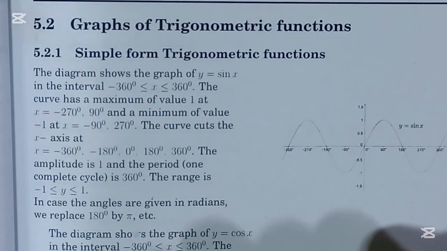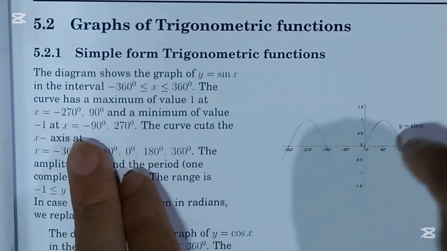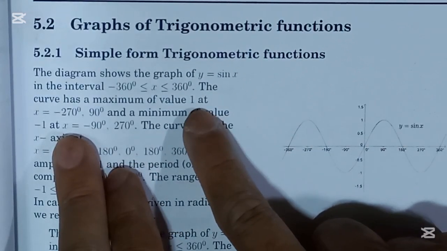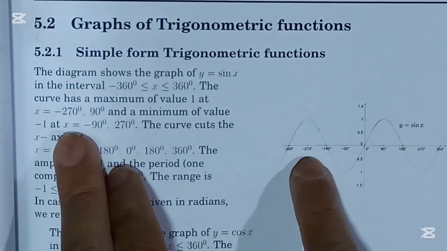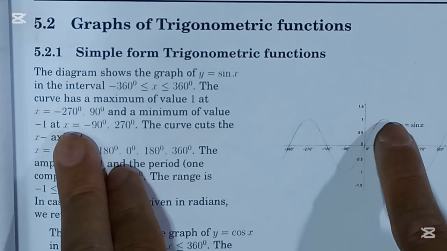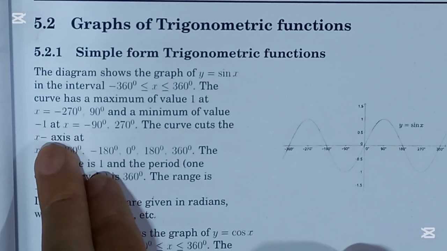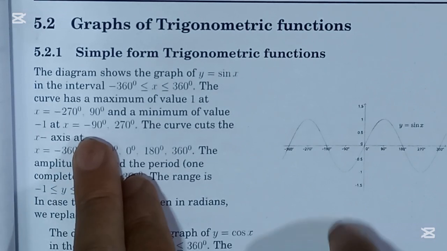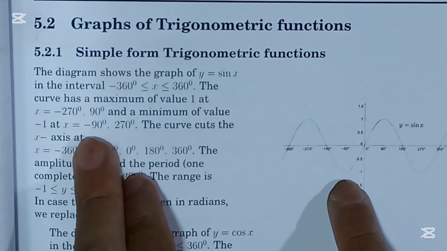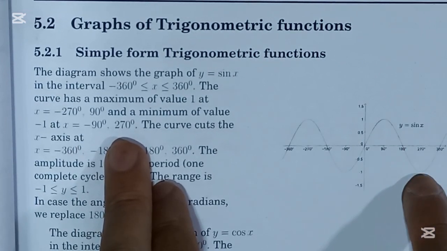You can see it from the table when you make the table. From the graph it can also be seen that plus 1 is obtained at minus 270 degrees and plus 90 degrees, and a minimum value of minus 1 is obtained at minus 90 degrees and plus 270 degrees.